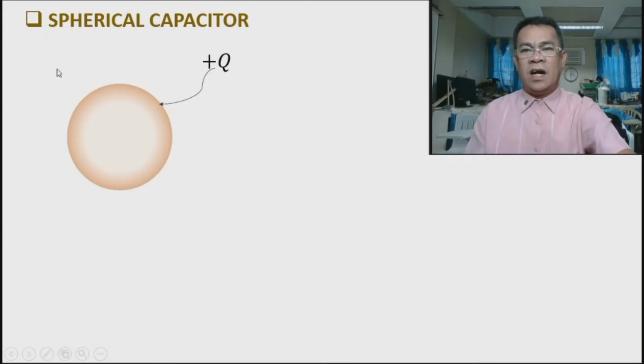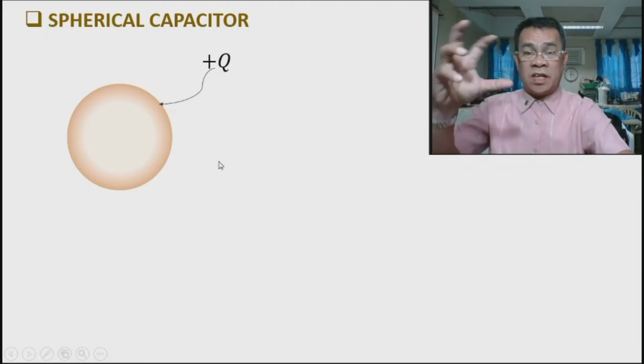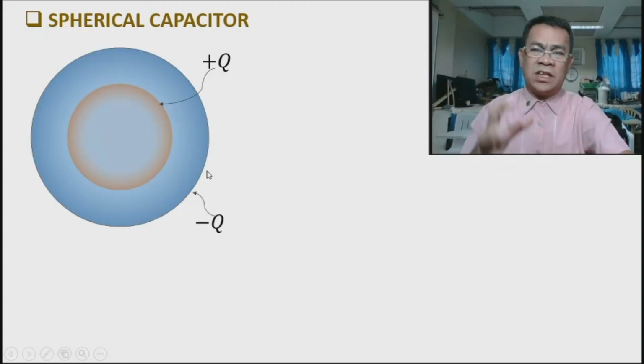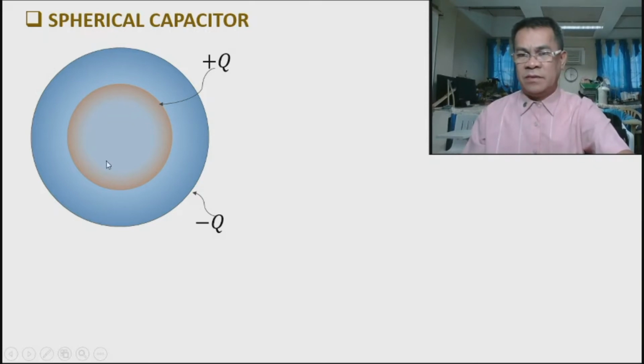Now, the hollow sphere is positively charged at the surface, because the charge stays at the surface only. Now, we need to enclose that with another hollow spherical object, which is negatively charged. If you form this kind of setup, then you are creating a spherical capacitor.